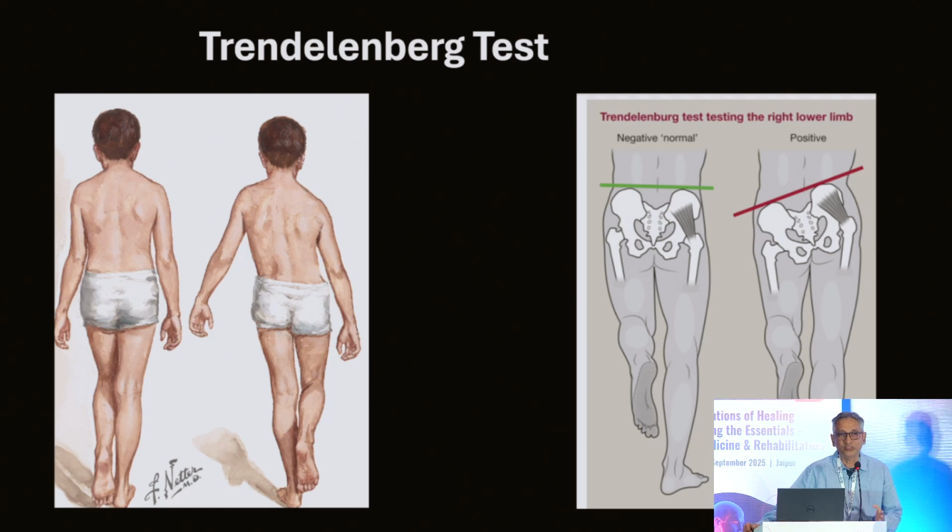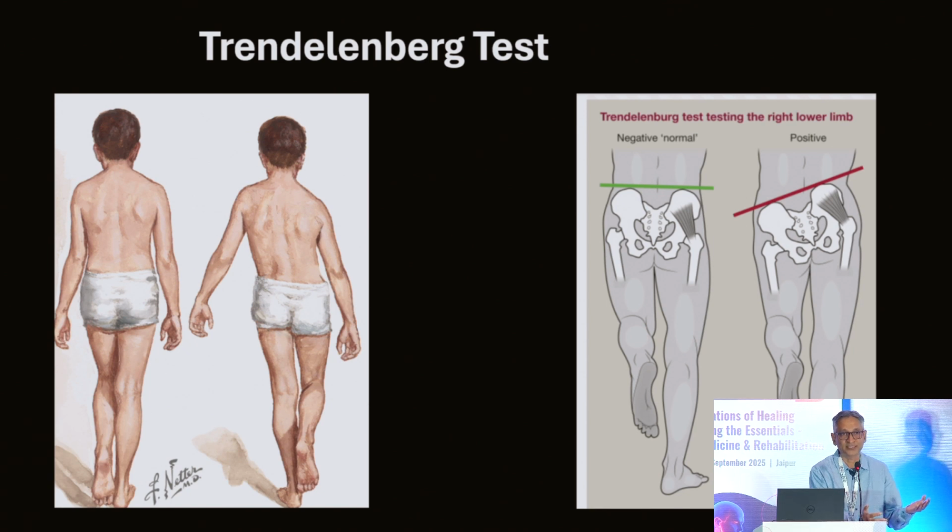So if the patient is not able to stand for 30 seconds, you can use the assisted Trendelenburg test. How to do an assisted Trendelenburg test? You stand in front of the patient, keep your hand like this and ask him to rest his hand on your hand, then ask him to lift the normal one, then look whether there is any force on the hand, then do it on the disease side.